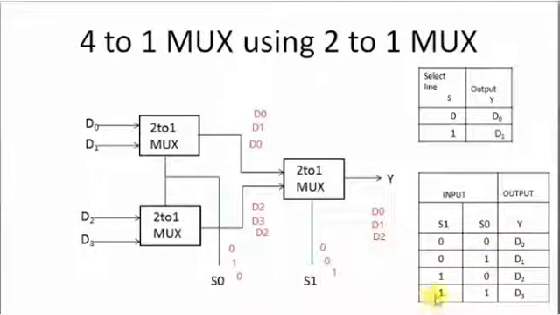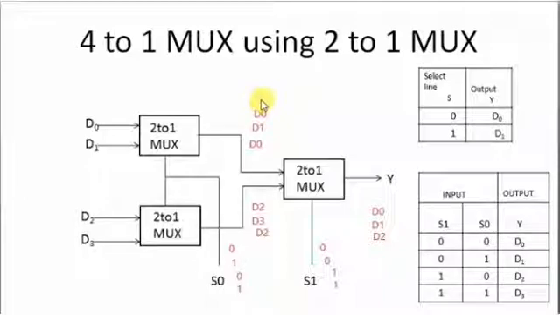Same for S1 is 1 and S0 is 1. When both select lines are 1, S0 is 1 and S1 is also 1. So when a 2x1 MUX has 1 as select line, the second input is selected, so here D1 and here D3.